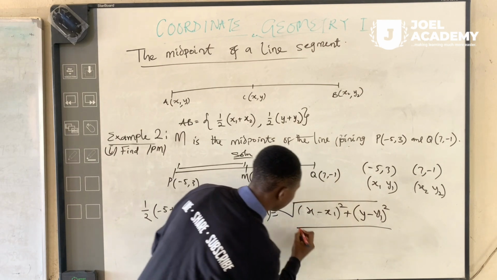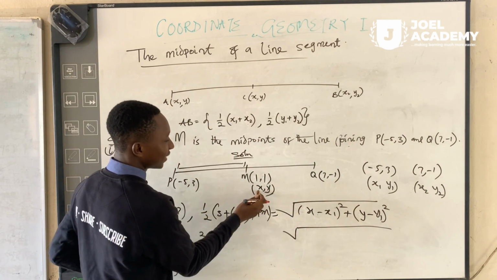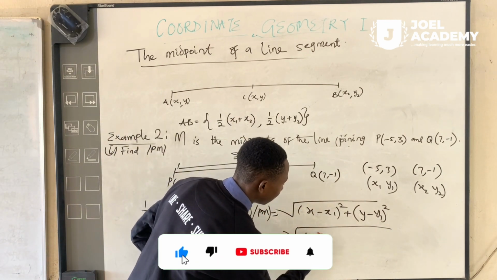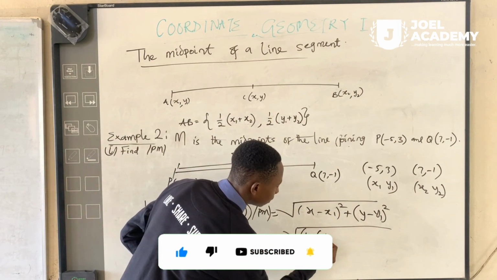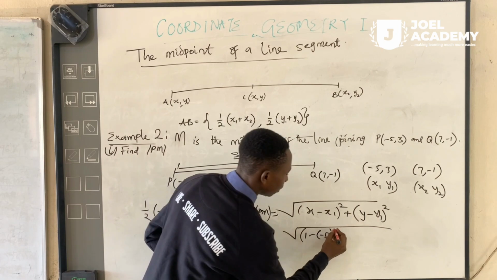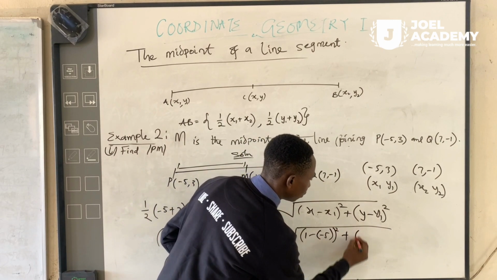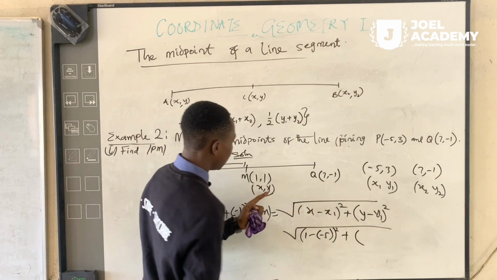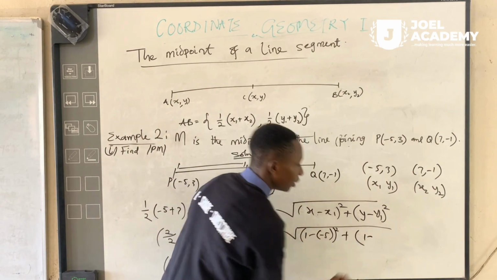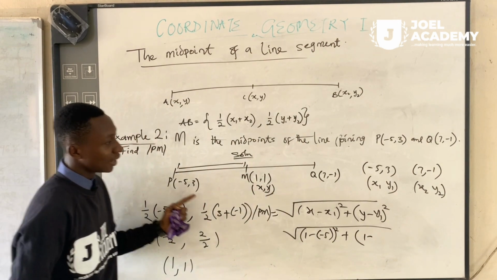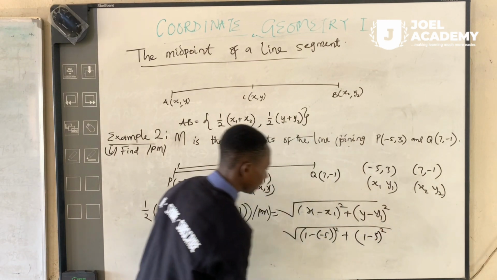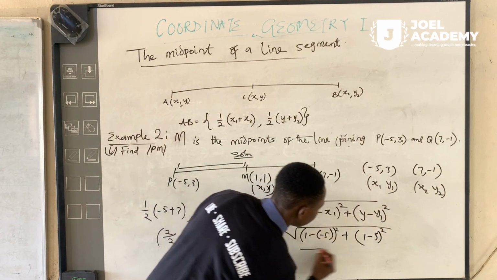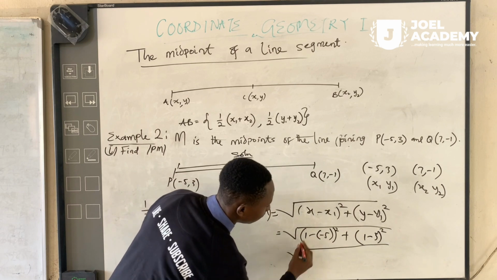Our x is 1 minus our x1, which is minus 5, all squared, plus our y, which is 1, minus our y1, which is 3, all squared.